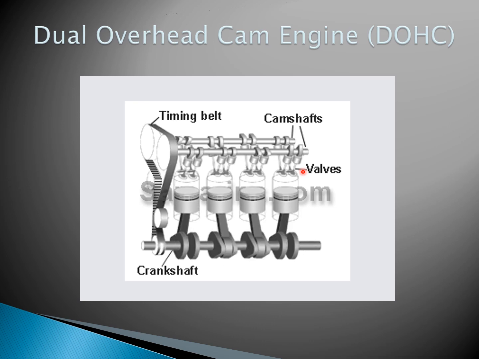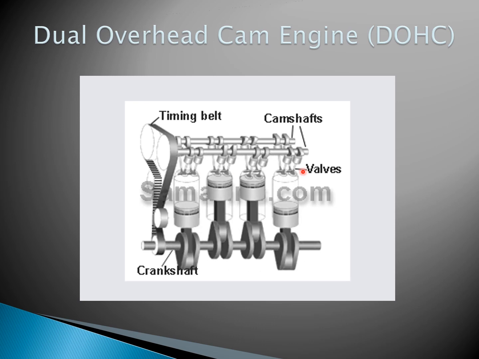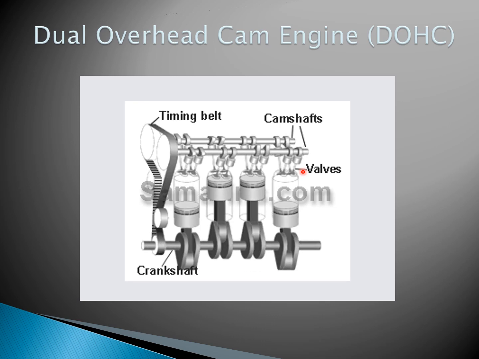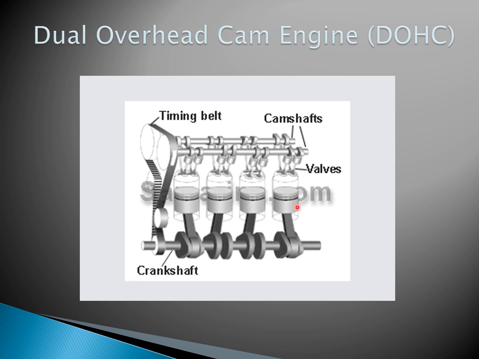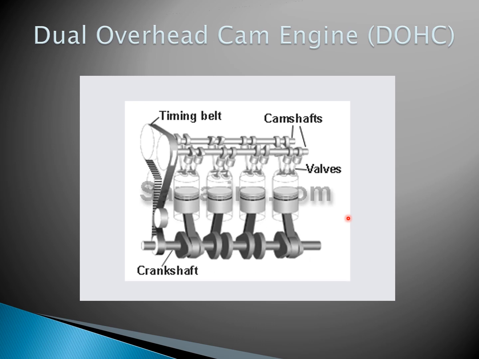If you have 2 valves for each cylinder, that'd just be intake and exhaust. If you had 4, you would have 2 intake and 2 exhaust, just allowing for more fuel air mixture to get in so we can have a bigger bang.